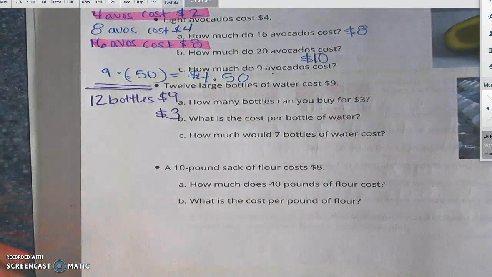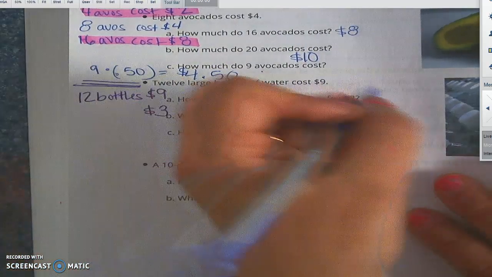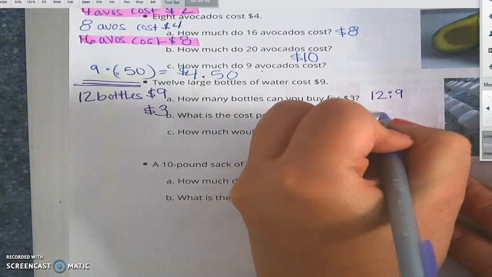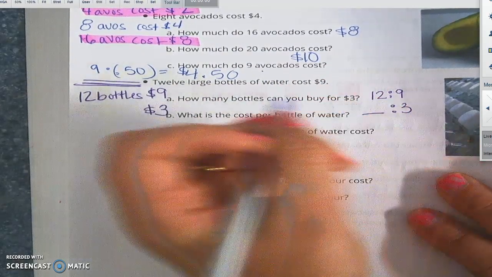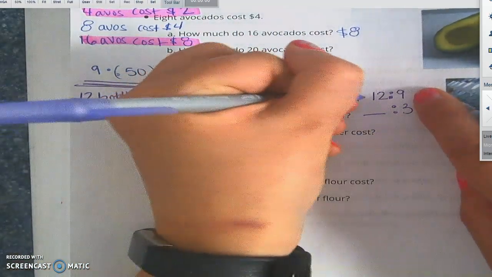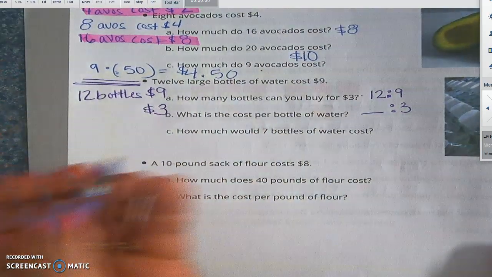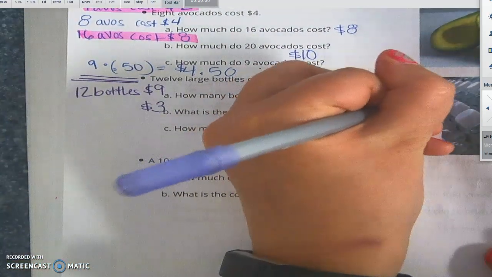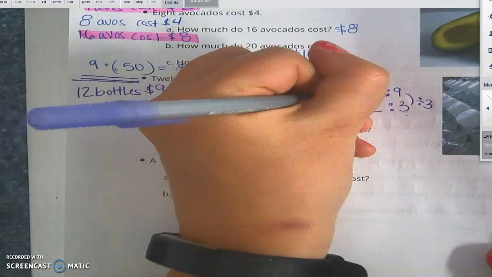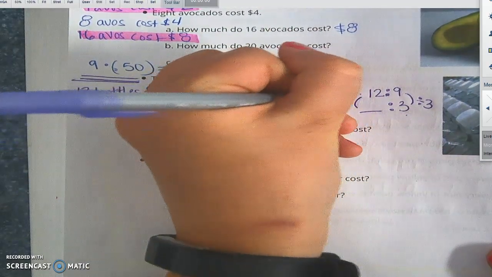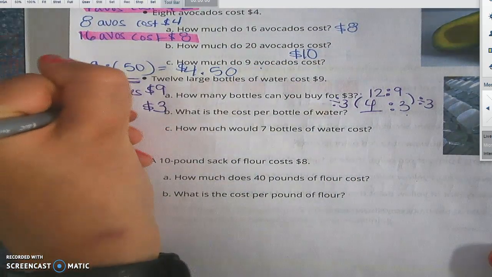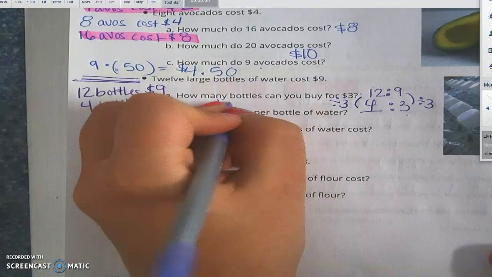If I think equivalent ratios for a second, and I have 12 to 9, and then I want to know what corresponds with 3. Remember, we can multiply or divide both numbers of the ratio by the same thing. So 9 divided by 3 gives me 3. So on this side, I need to do 12 divided by 3, which gives me 4. So 4 bottles cost $3.